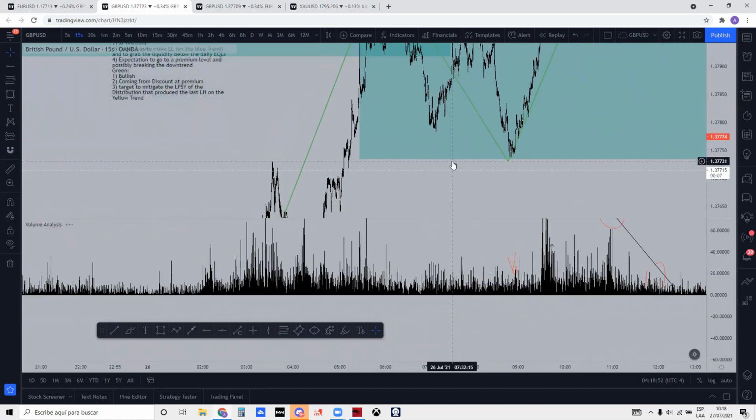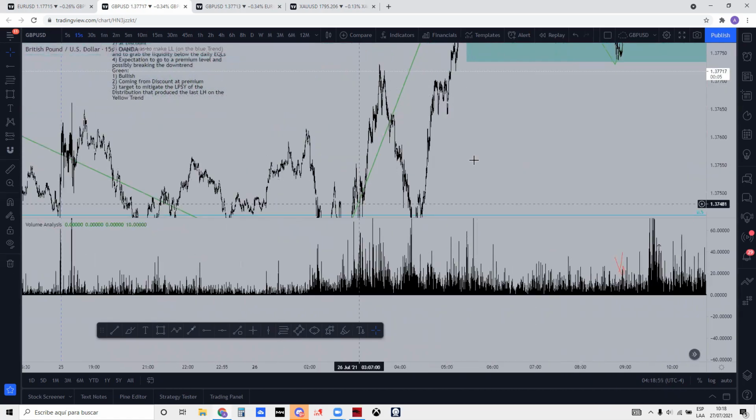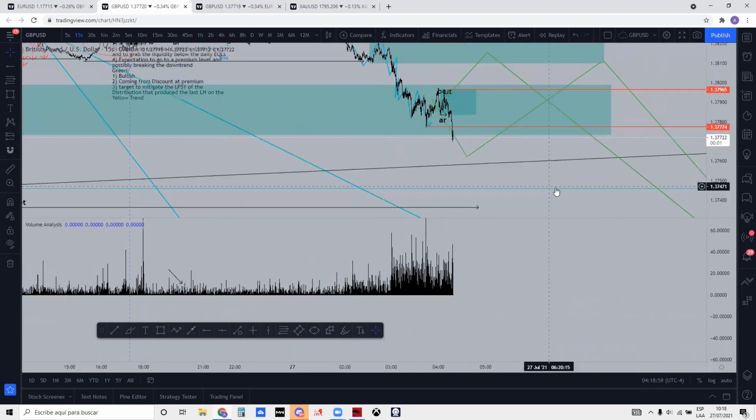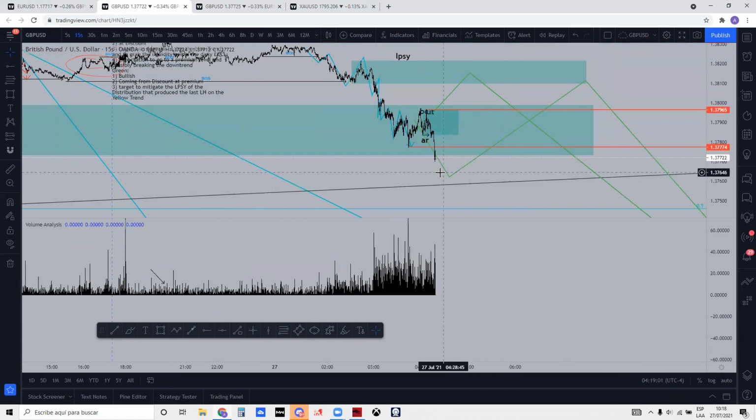And since we just grabbed the liquidity below this low and we are hitting another discounted level, we might be about to see this potential scenario where price starts going higher to grab internal liquidity and then continues going lower.